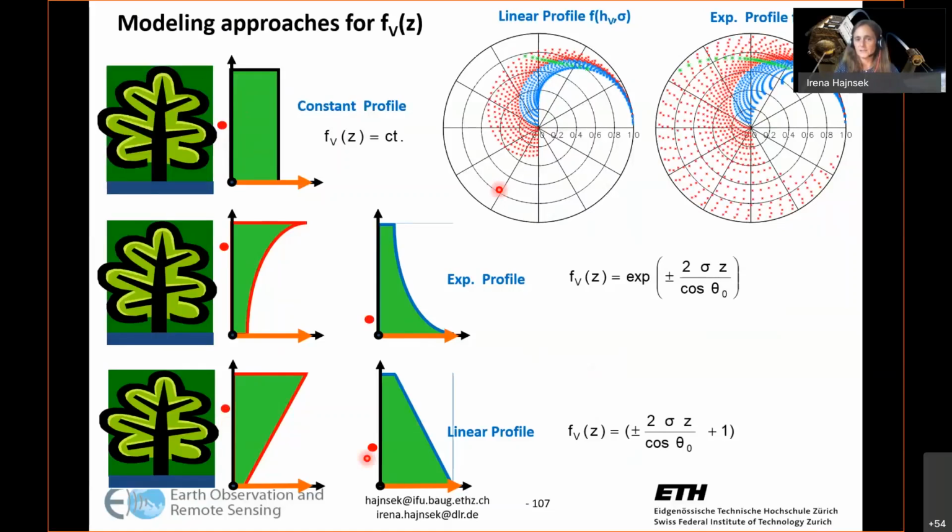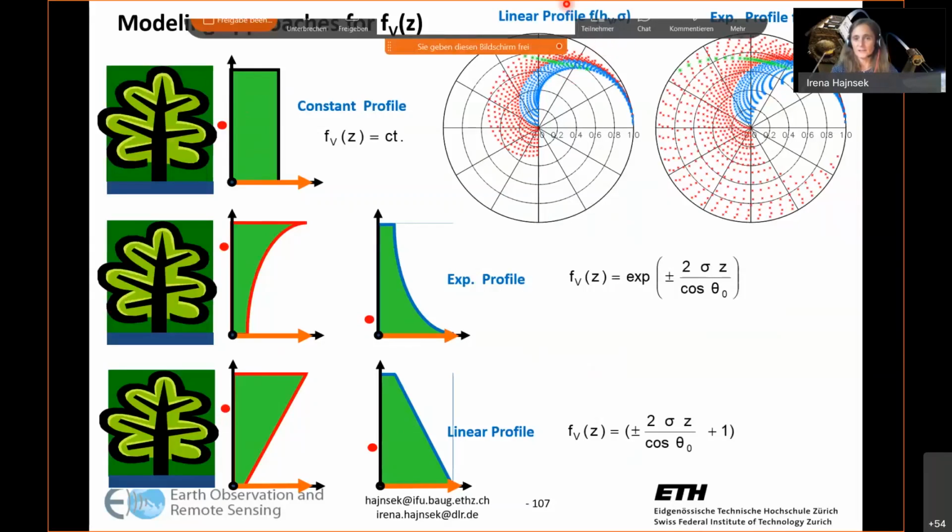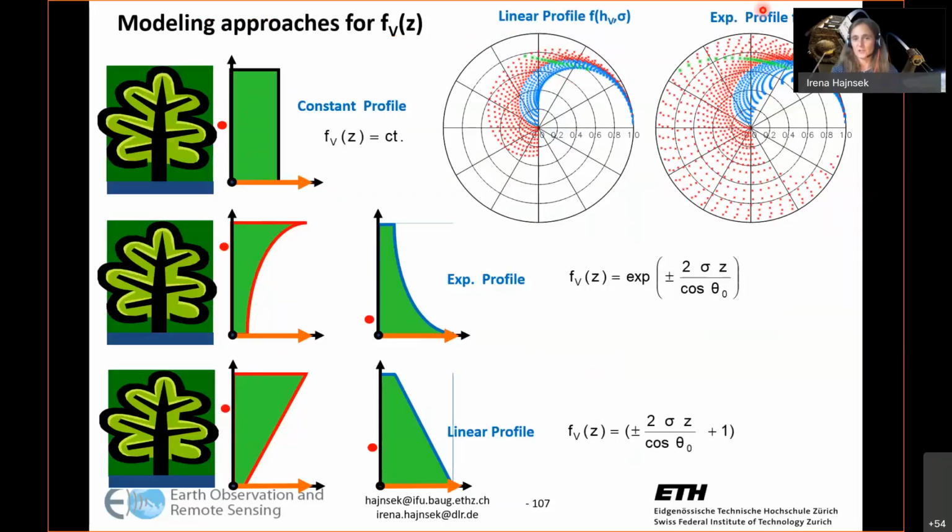I have also done this in a unit circle. I was plotting the values of these different profiles as a function of height, so of the diversity or different contribution of height, and also of the extinction. This is for the linear profile, and the right one is for the exponential profile.